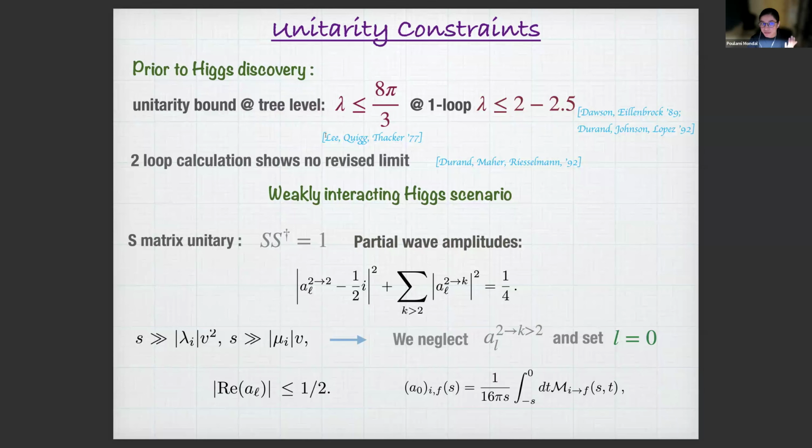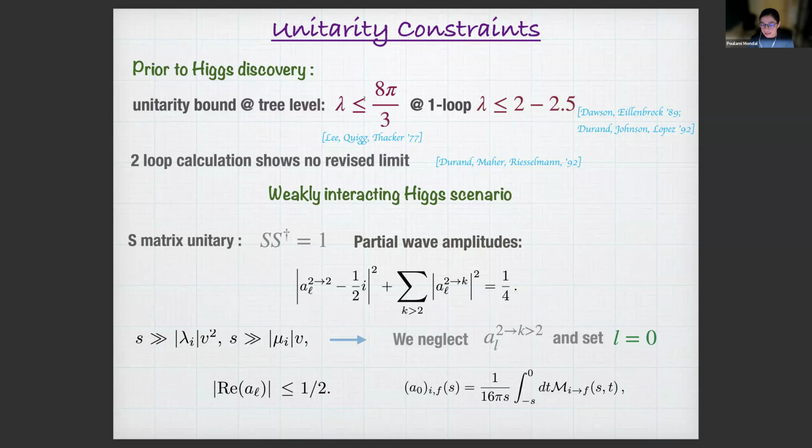That is the reason why, when you go from tree level to one loop, your unitarity constraint gets a significant amount of additional constraint. But when you go from one loop to beyond, because of the perturbative region, you do not see much more modification. So this was the motivation to look into the one-loop unitarity condition of the Georgi-Machacek model, which was not done in the literature.